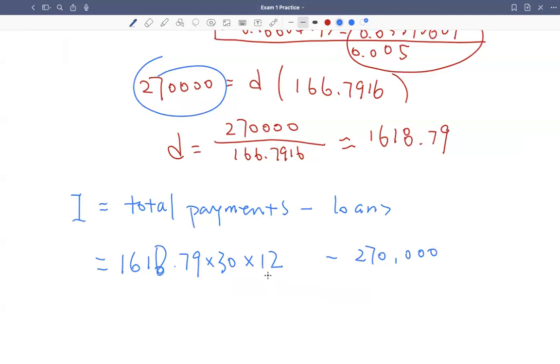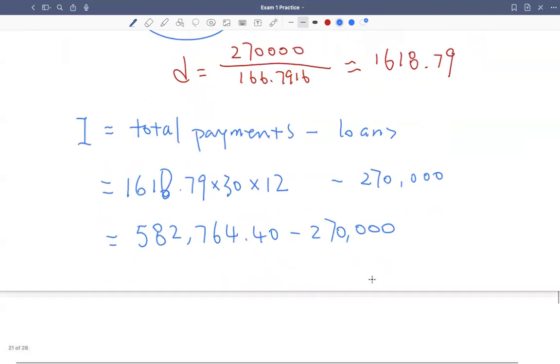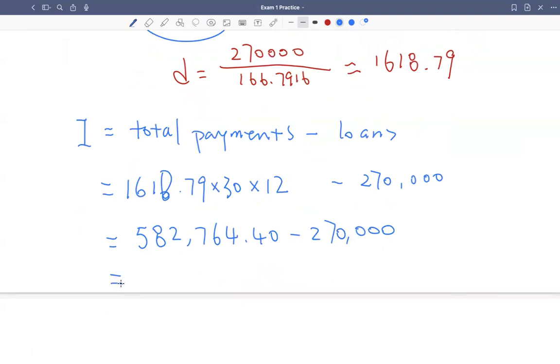Then each year has 12 months. So the total amount of money she paid is $582,764.40. Subtract 270,000. So we get $312,764.40.